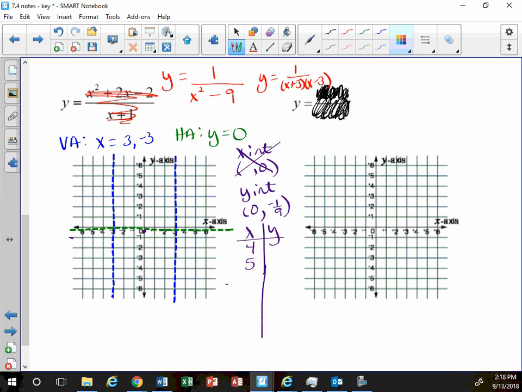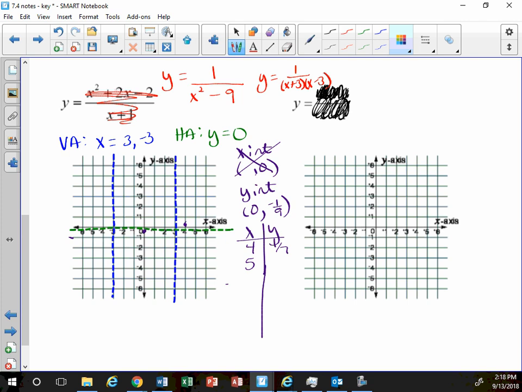So 1 over 4 squared minus 9. Well, what's 4 squared? 16 minus 9? 7. You're going to end up in a very similar spot on your graph. Either way, 1 over something, right? So I'm going to say 1 over 7, which is just above the x-axis.